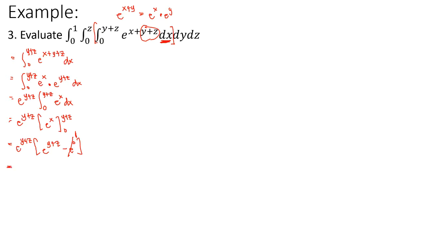So e raised to y plus z times e raised to y plus z is e raised to 2y plus 2z, minus e raised to y plus z times 1. So that is e raised to y plus z. This is now the result of our first integration.